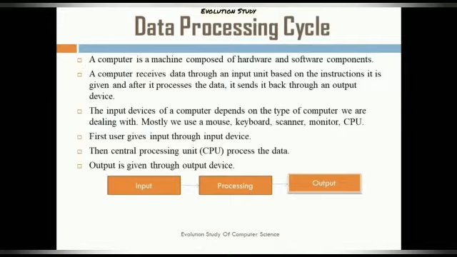Mostly we use a mouse, keyboard, scanner, monitor, CPU. First, the user gives input through the input device. First comes the input, then the processing, and then the output. The central processing unit, CPU, processes the data, and then the output is given through the output device.